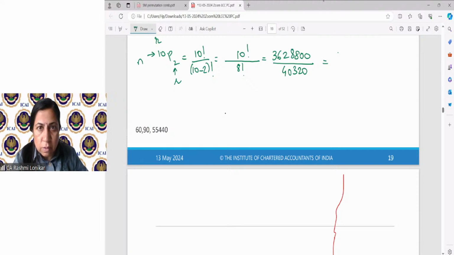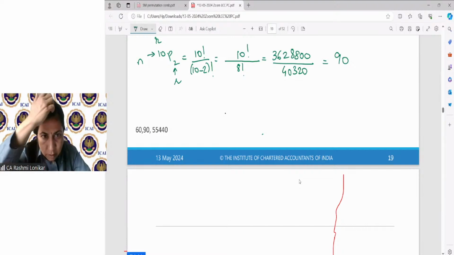Yes. Is it fine, is everybody getting the answer 90? Okay, everybody is getting this answer. Yes Aisha, Sneha, Abhinandan, very good now.